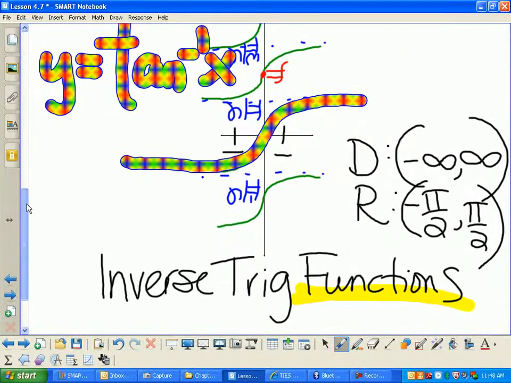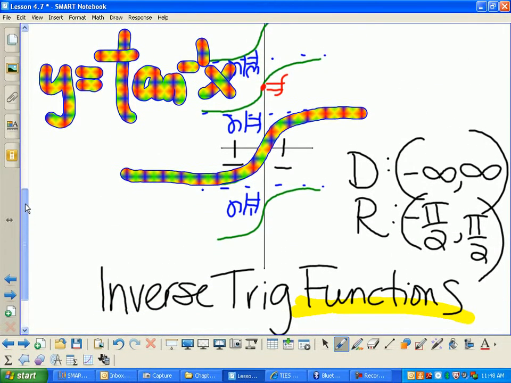Now let's make some further observations. The domain and range: we went through and listed them for each of them. If you breeze back through your notes, we wrote down the domain and the range of inverse sine, of inverse cosine, and today we did inverse tangent.